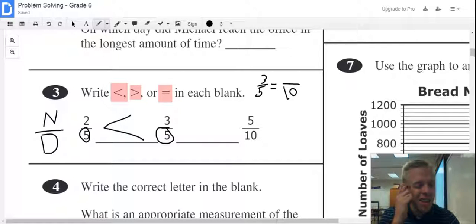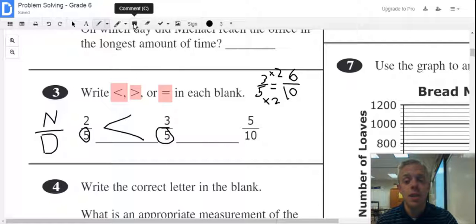Thinking. I multiplied by 2. So if I'm multiplying 5 times 2 to get 10, I'm also multiplying 3 times the same number, 2, and I would get 6. So I'm also now saying that 3/5 is going to be the same.